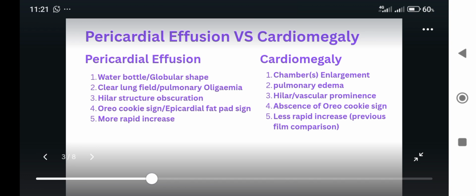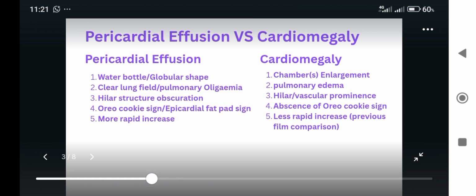Before we look at images of pericardial effusion, it would be nice for us to compare pericardial effusion and cardiac enlargement, which we call cardiomegaly. They are not the same, even though the appearance will look like both of them are cardiac chamber enlargement. A pericardial effusion is not cardiac enlargement. So look at what the differences are. In pericardial effusion, the shape of the heart will give you a water bottle or globular shape.